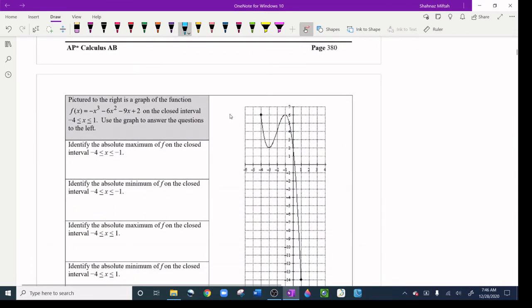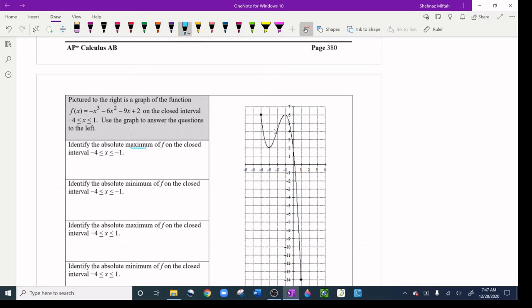Okay, let's see. The picture to the right is the graph of the function, and on the closed interval negative 4, 1, use the graph to answer the questions to the left. Identify the absolute maximum of f on the closed interval negative 4, negative 1. The absolute maximum is the greatest, the highest y value.